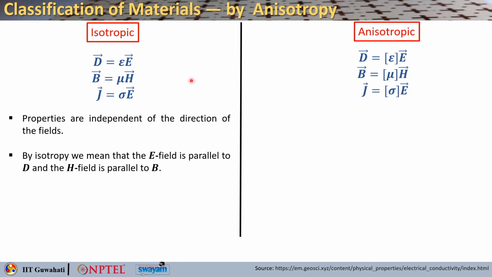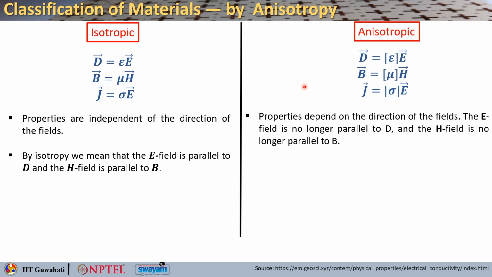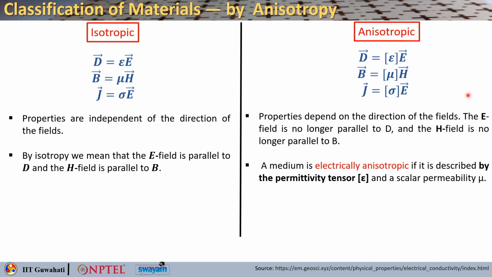Okay. But if it is anisotropic, that means the properties are dependent on the direction of the fields. That means in this particular case you cannot say that the electric field and the electric displacement are parallel to each other. Similarly, they are also not, because the material property is now direction dependent. So, a medium is electrically anisotropic if it is described by the permittivity tensor, as you can see here, okay, and a scalar permeability mu.